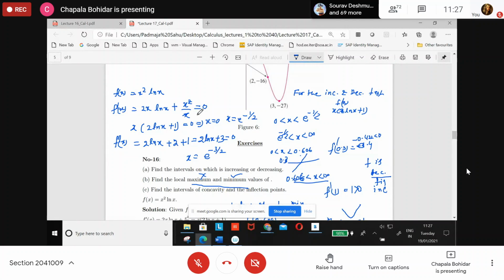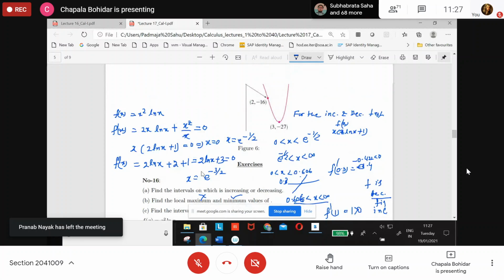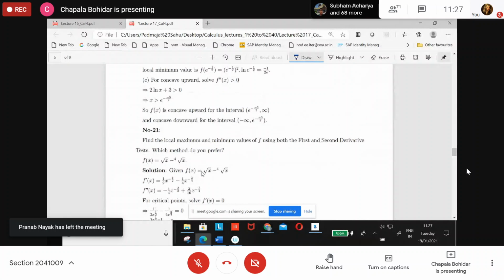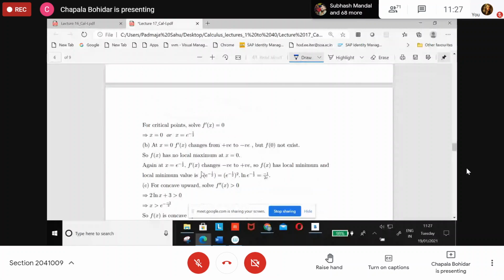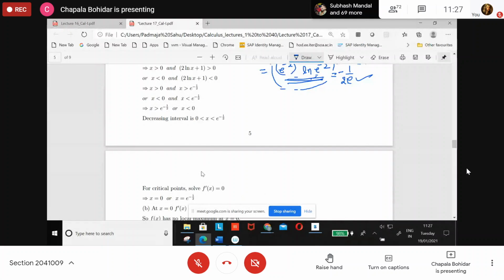Our domain is 0 to infinity, so we have to write 0 is less than x, and the interval. What will I do for the concavity test? Tell me the interval. All of you are listening or not? Yes, ma'am. Then you tell me the interval for the concavity test.